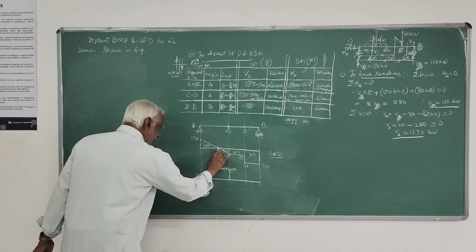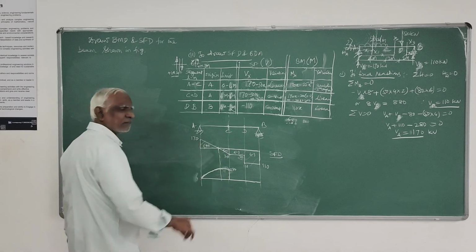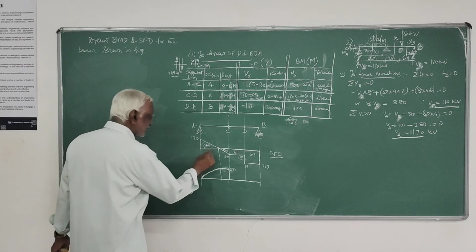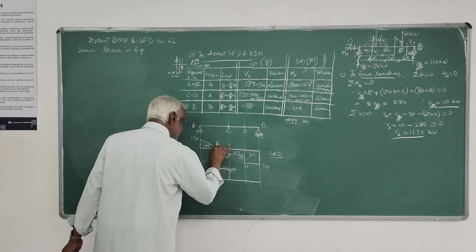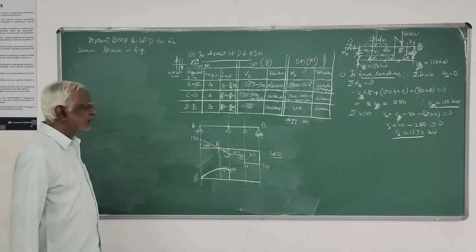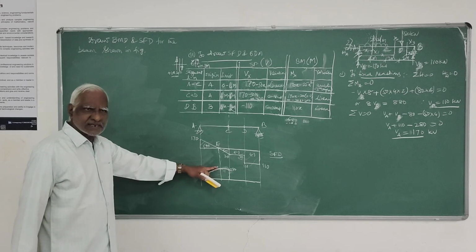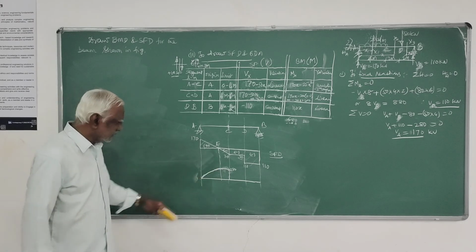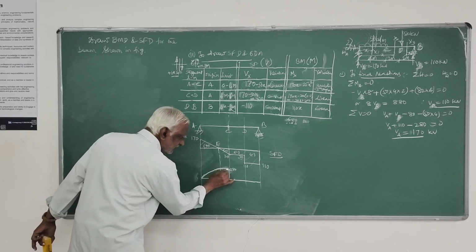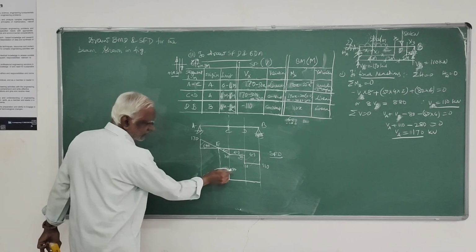At that particular point, I have to get the maximum bending moment. This point you call point E, because the point of maximum bending moment occurs where shear force is 0. So here it goes to maximum and comes down.